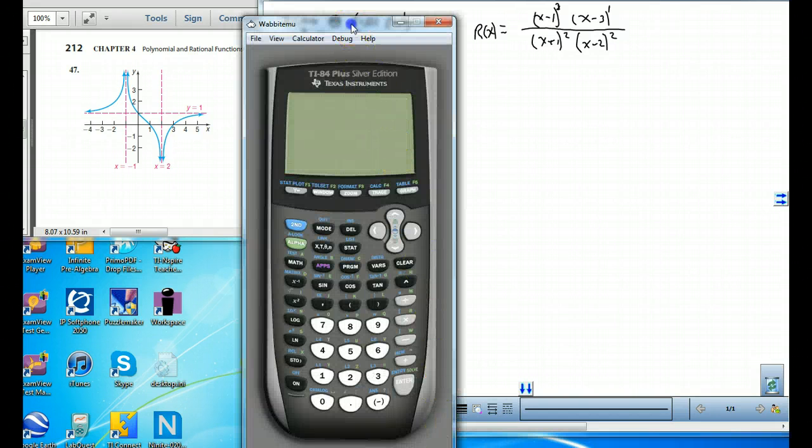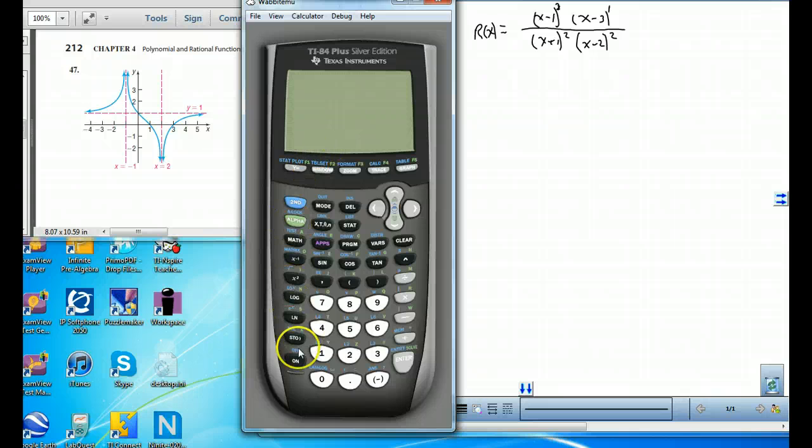So here's my calculator. I'm going to go ahead and turn it on. I'm going to start plugging that in. Let's clear it, what I had before. So I'm going to do a big group. I'm going to do left parenthesis x minus 1, and I'm going to raise that to the third power.